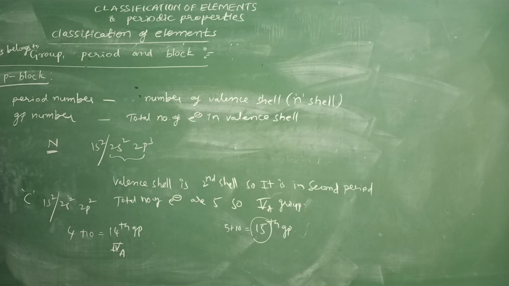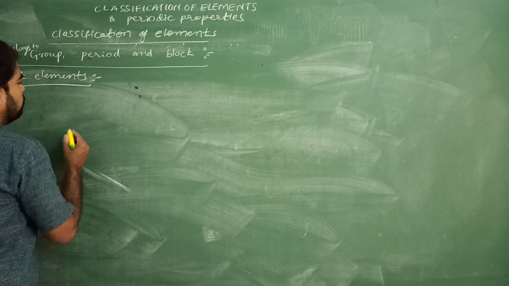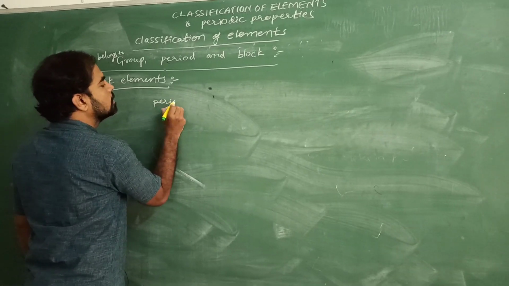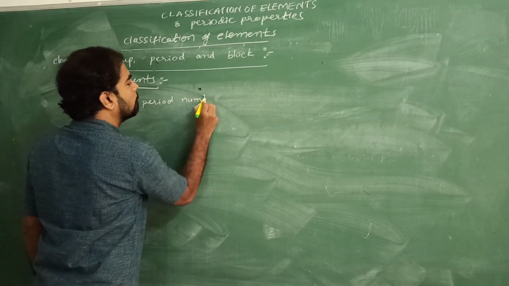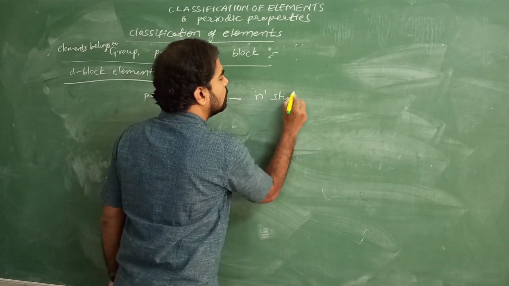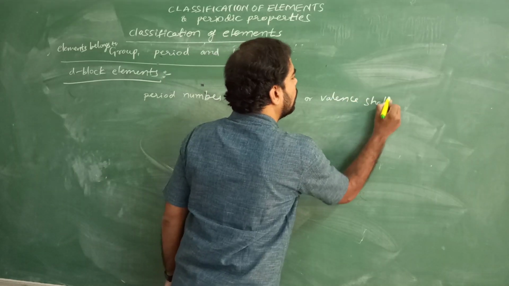Okay students, next, d block elements. For d block elements, the period number is the n shell, or valence shell number.